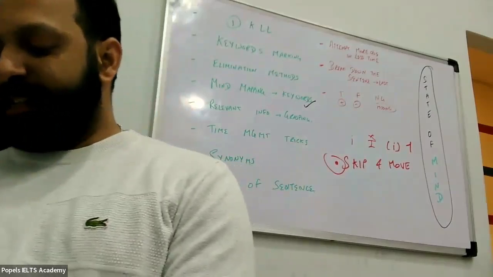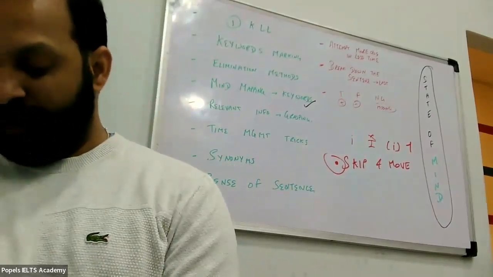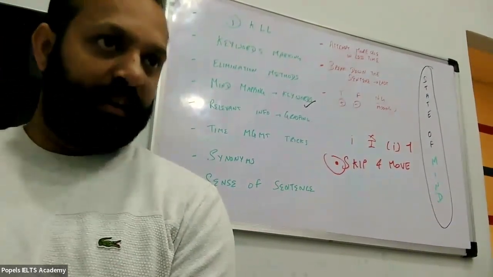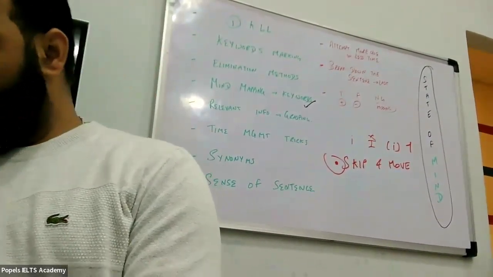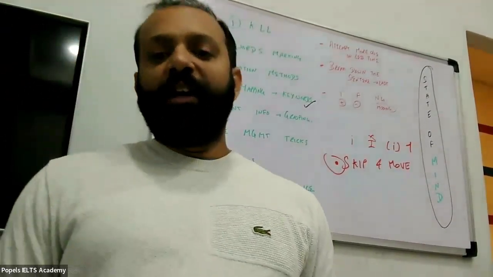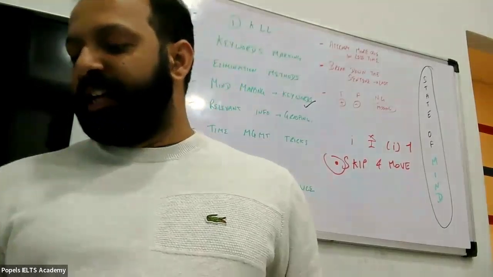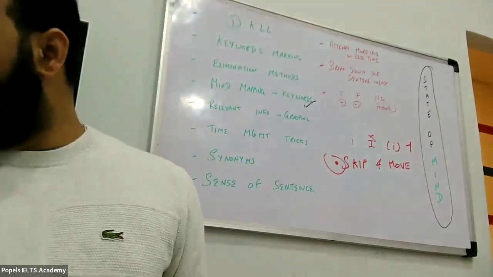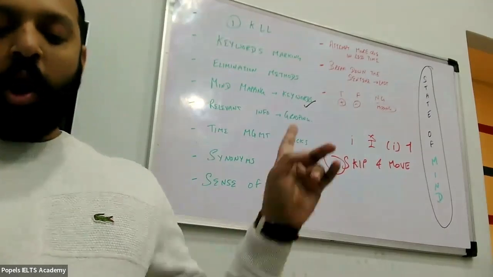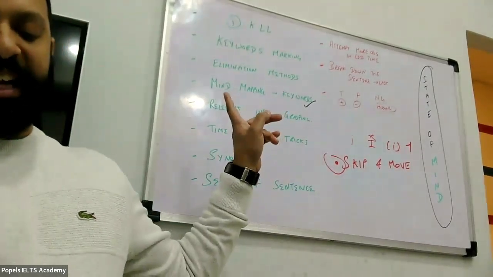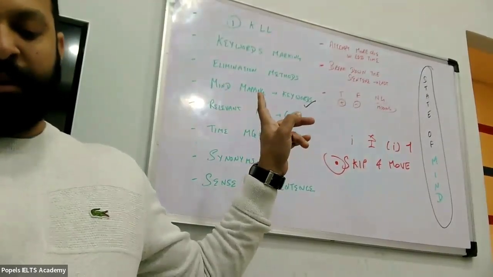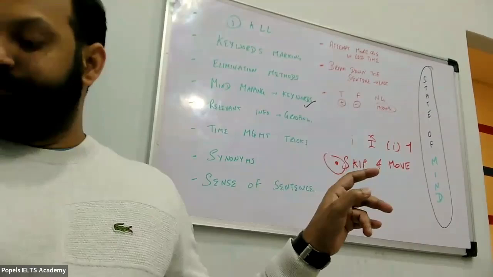Since the passage length is good enough, and you can't correlate because the passages are different, what I will do is 15 into 2. I will give you 30 minutes. You need to attempt these 15 questions. I'm not erasing these things so that you can keep them in mind. Clear? Please start.